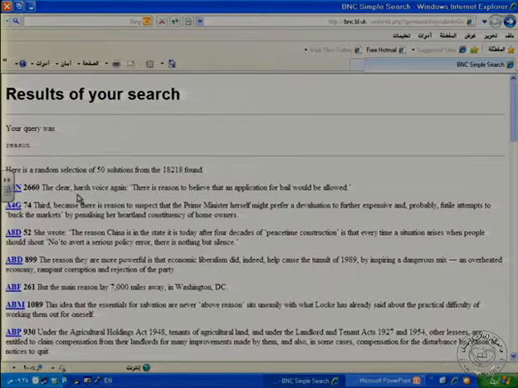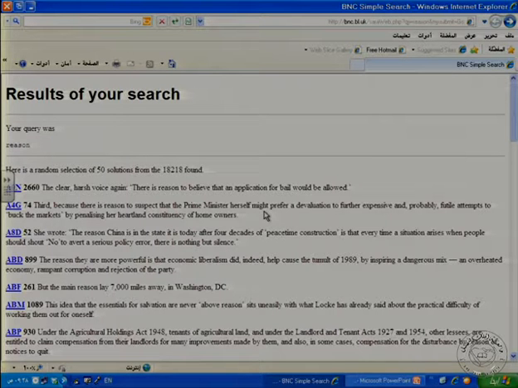The clear, harsh voice again. There is reason to believe that an application for bail would be allowed. So here is the word reason. Let's read the second sentence. Third, because there is reason to suspect that the Prime Minister herself might prefer something else. So we see there is reason. There is reason.